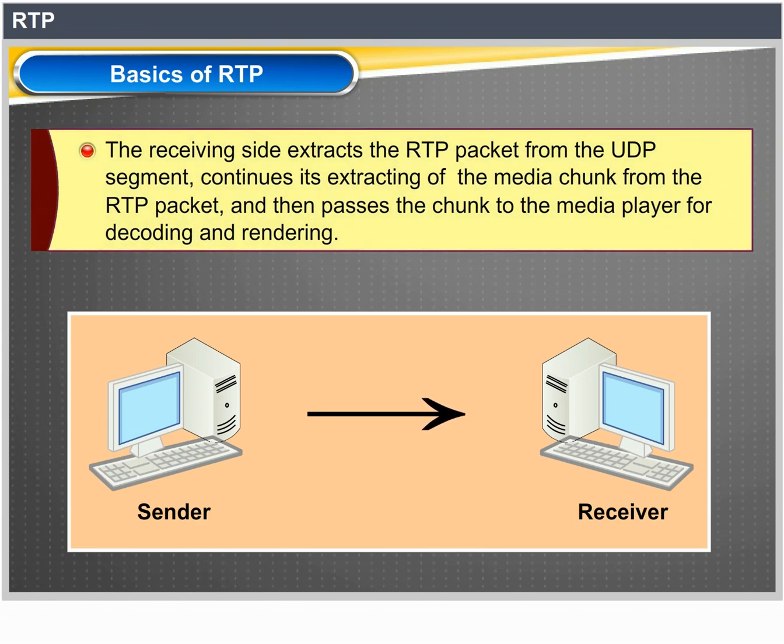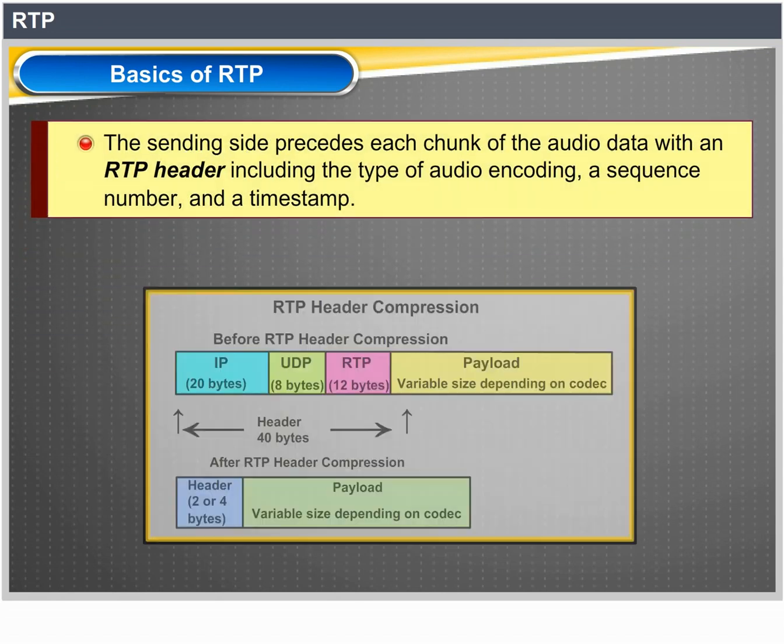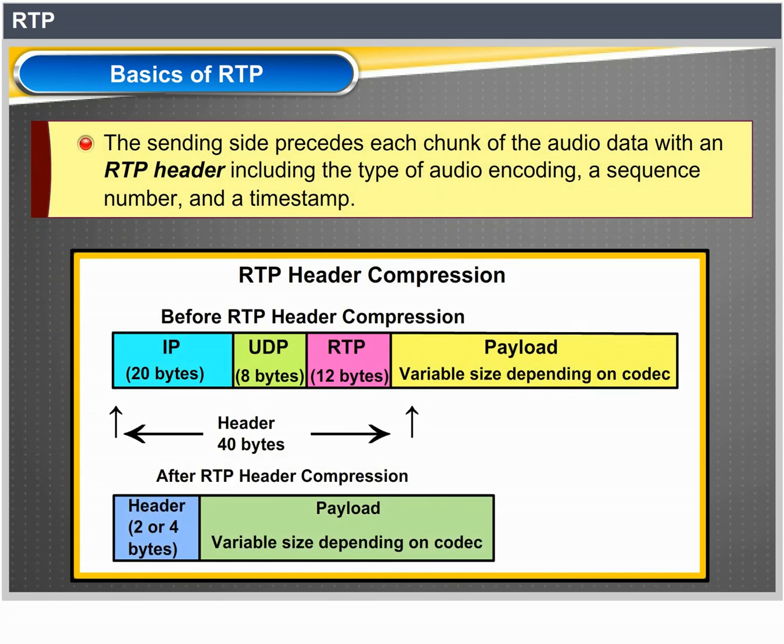The receiving side extracts the RTP packet from the UDP segment, then extracts the media chunk from the RTP packet and then passes the chunk to the media player for decoding and rendering. The sending side precedes each chunk of the audio data with a RTP header that includes the type of audio encoding, a sequence number, and a timestamp.